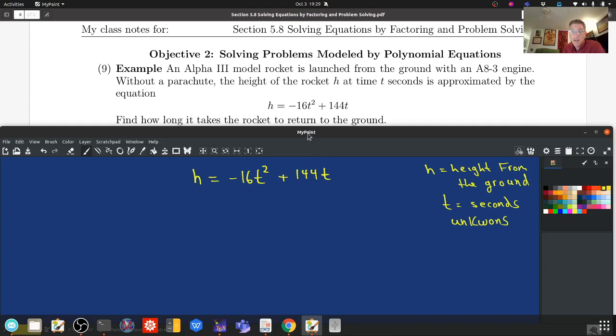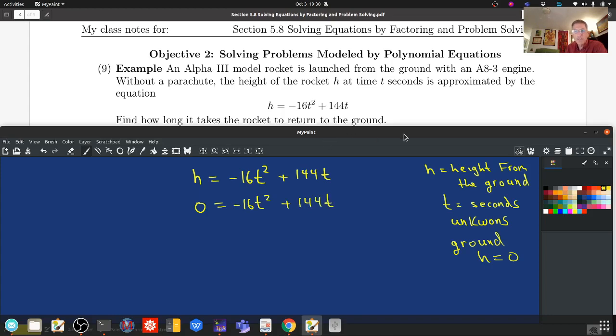Well, how long does it take the rocket to return to the ground? At ground level, h is equal to 0. So we're literally solving 0 is equal to minus 16 t squared plus 144 t.